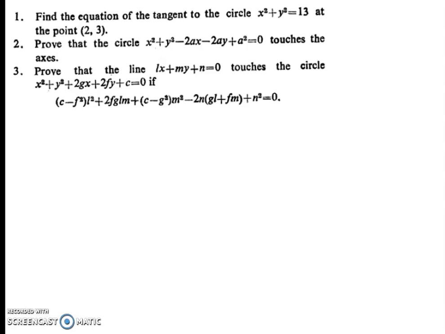We write the equation of tangent to the circle x square plus y square plus 2gx plus 2fy plus c is equal to 0, and the equation of tangent becomes xx1 plus yy1 plus g(x plus x1) plus f(y plus y1) plus c is equal to 0. And when we compare it with lx plus my plus n is equal to 0, that means 1 and 2 represent the same line. Just simplify it, that's all.